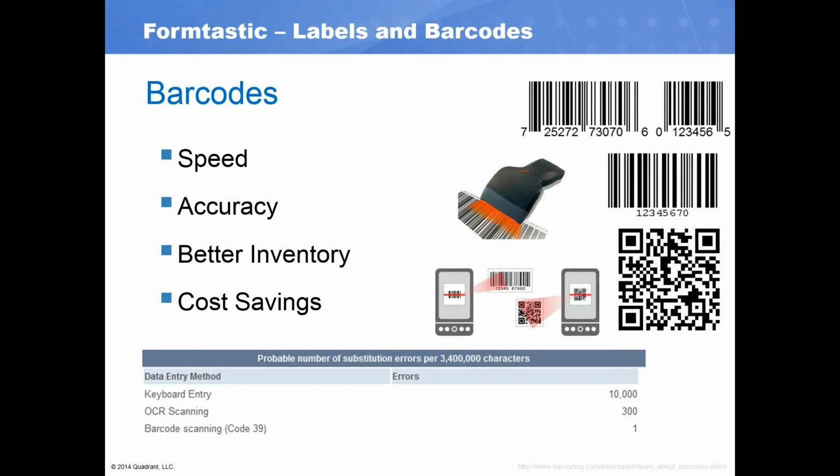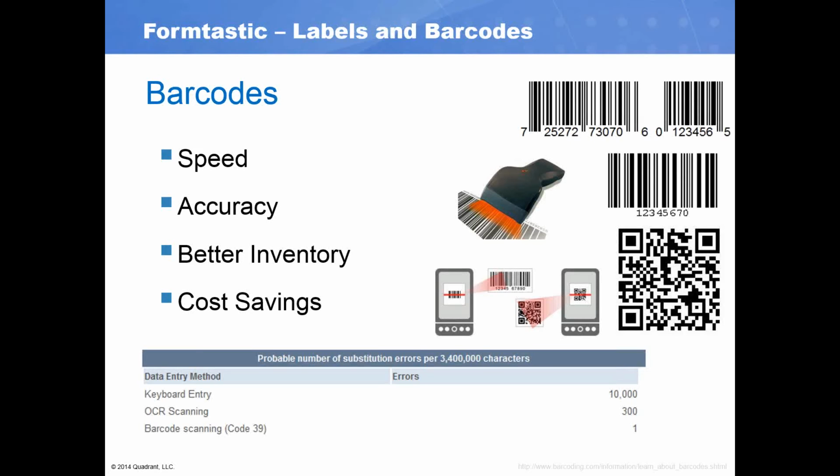So because of this high data quality and the ability for high-quality data transmission and recording, barcodes can significantly reduce expensive inventory errors. And because they're included on nearly every product packaging, businesses can quickly incorporate barcodes into their inventory management system to maintain tighter and more accurate inventory control.